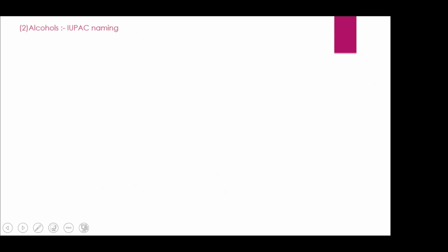Next, let's see another functional group, that is alcohols. So again, in alcohols the functional group is OH. So alkane minus e plus ol, we get alkanol.